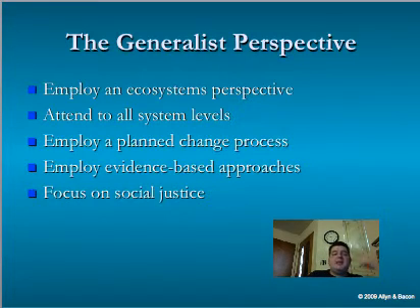So this is a way to see the generalist perspective taking a basic approach and applying it to any need in society, any need in the world. The way this happens is by employing a planned change process, which is a problem-solving process.